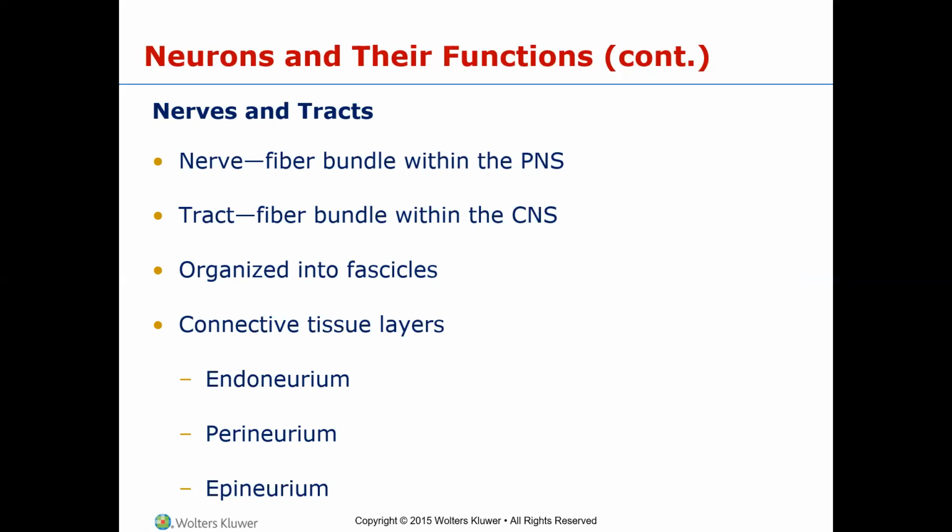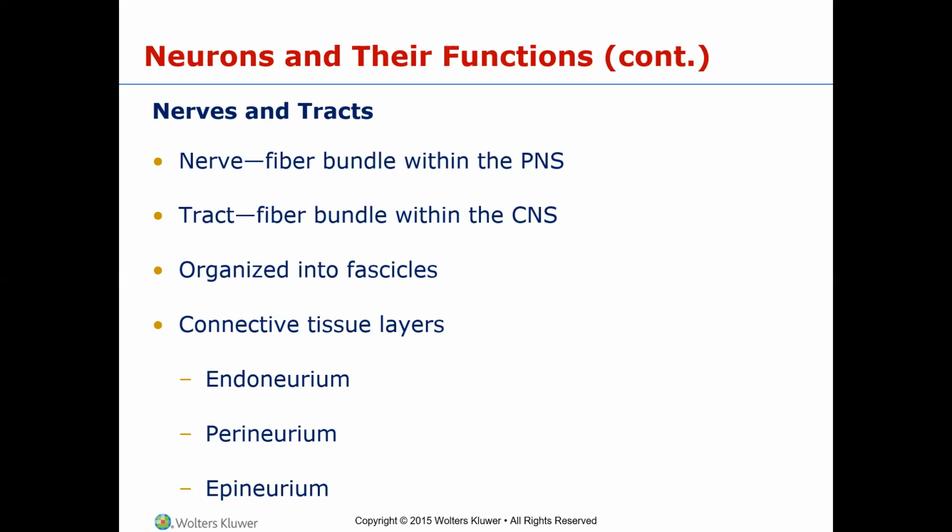The way that all of these nerves are bundled is just like what we saw with the muscles. They are bundled into these little components known as fascicles, and they have connective tissue layers that surround them, just like what we saw with the muscle fascicles, but they're given a different suffix based upon the fact that they are part of the nervous tissue.